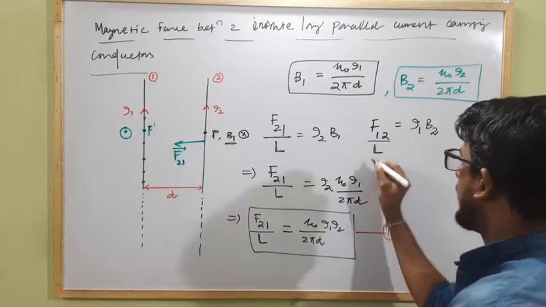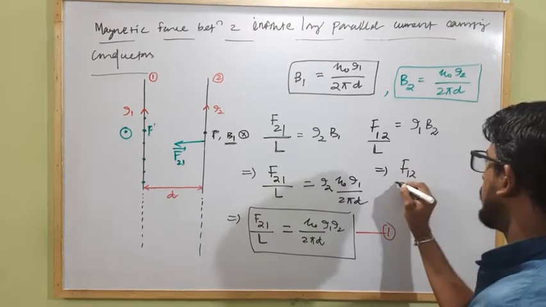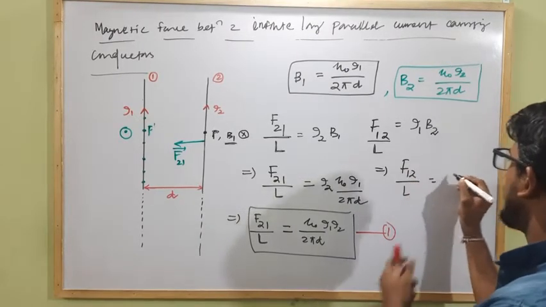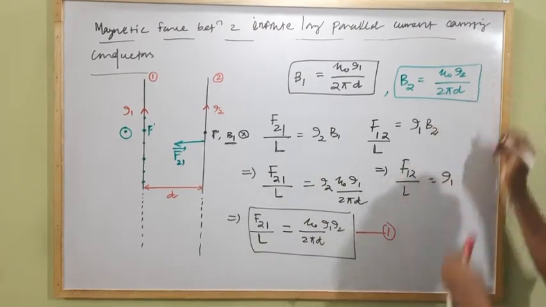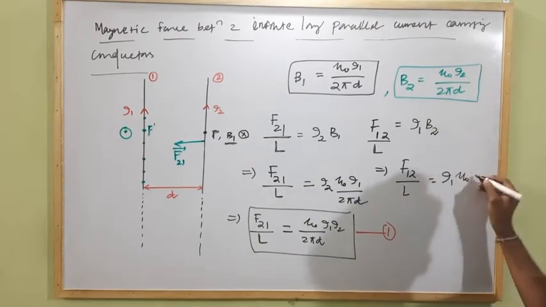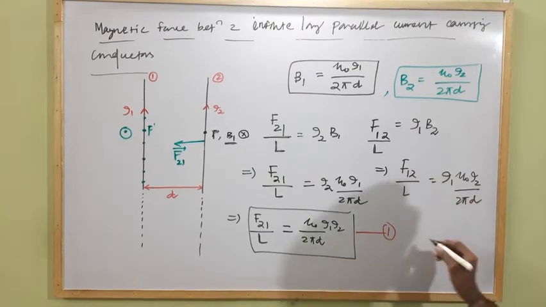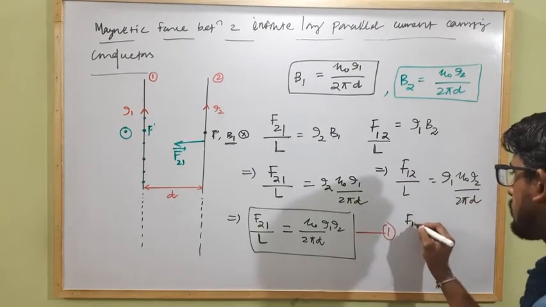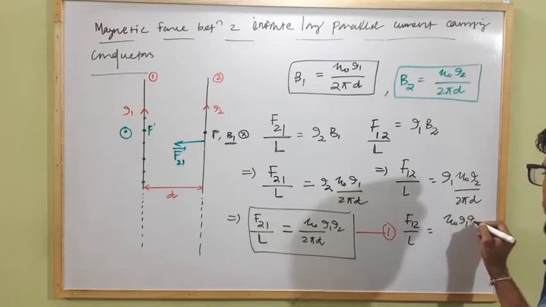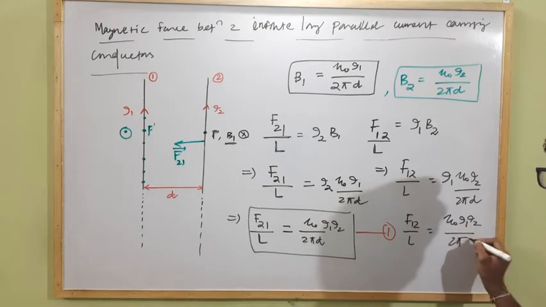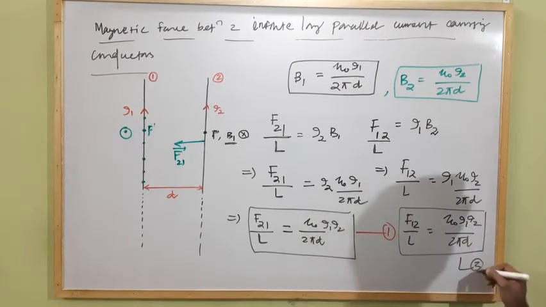So we can write the force acting on 1 due to 2 per unit length will be I1 into the value of B2, mu naught I2 divided by 2 pi D. By rearranging this, the force on 1 due to 2 per unit length will be mu naught I1 I2 divided by 2 pi D. Let it be equation 2.